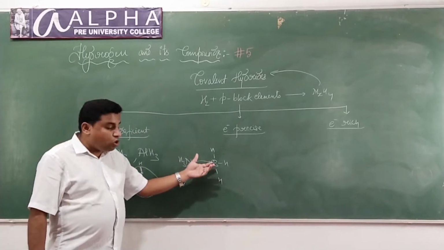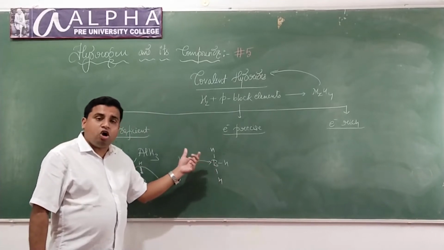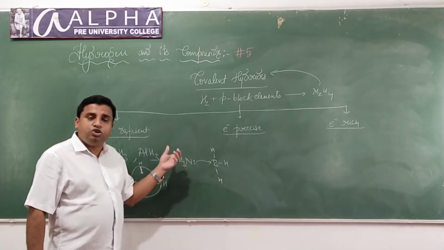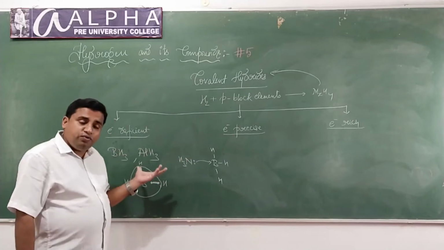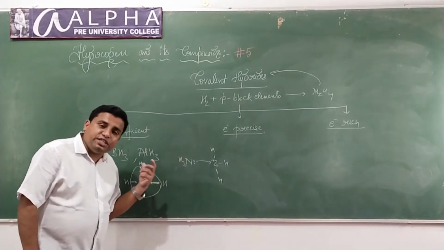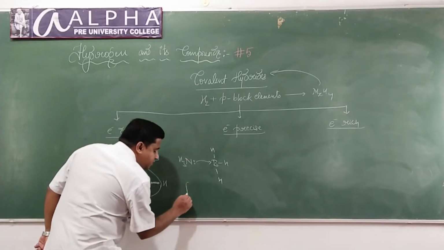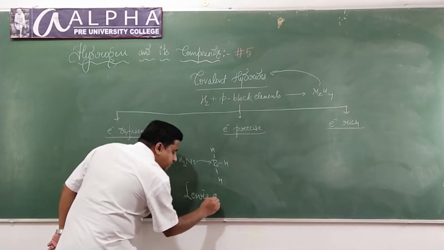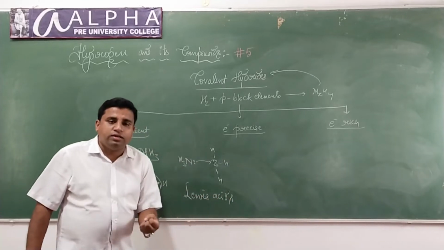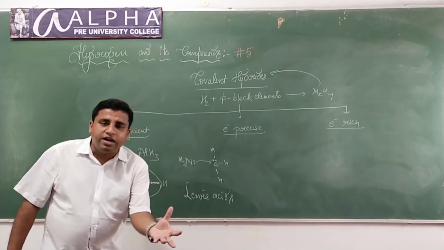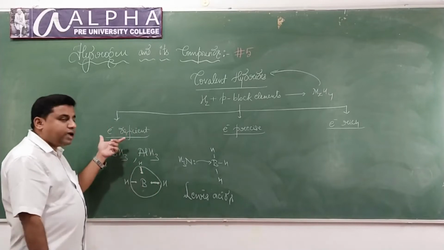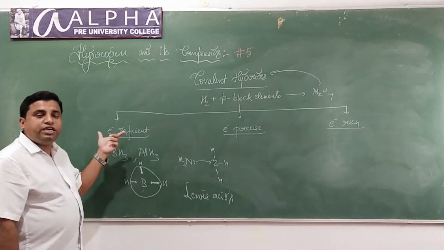We have learned this in chemical equilibrium: electron deficient species are called Lewis acids. They are electron deficient and ready to accept electrons. Such hydrides are called electron deficient hydrides.